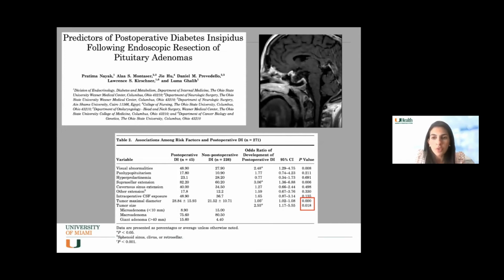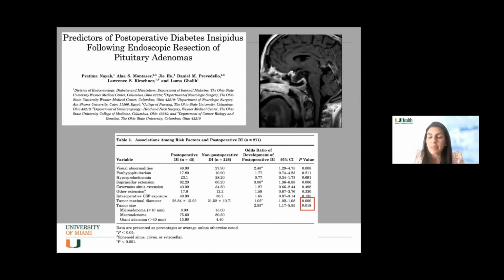So, another trick in the surgery for these giant tumors could be to put an inlay of either Duragen or any sort of cellular matrix that you're going to actually use to tent up the normal pituitary gland that hopefully you've preserved and left behind.